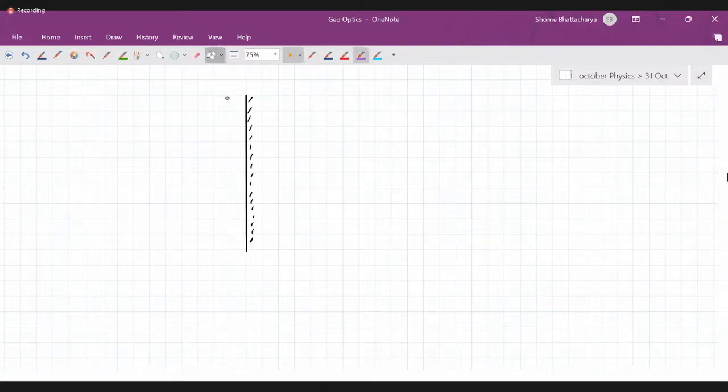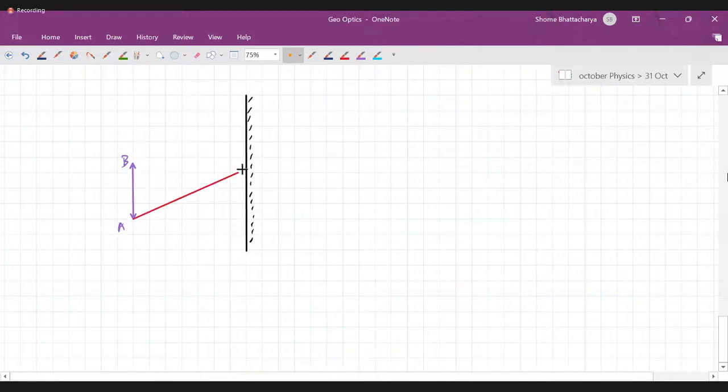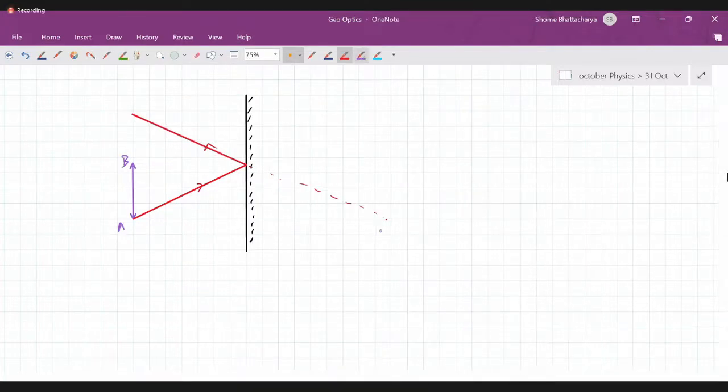Suppose we have an extended object like this, AB. Then the reflection of light from every point in this object happens in such a way that, for example, A's image appears to be here, let's say A prime.